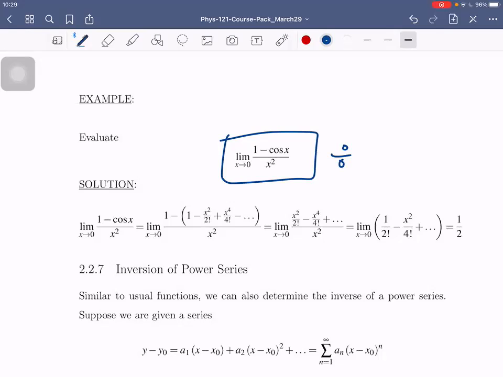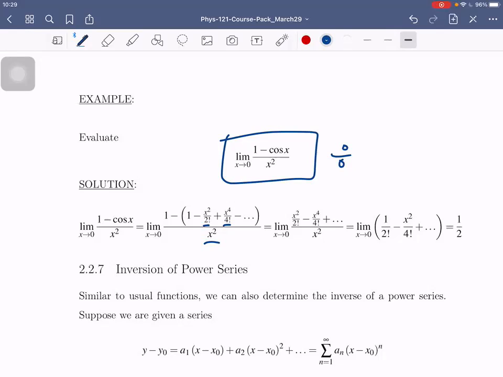So, pakita natin. In here, we can show na yung cosine x has the infinite series equivalent na ganito. We have 1 minus x squared over 2 factorial plus x to the 4th over 4 factorial minus, and so on. Okay? Dahil nasa baba ay x squared, we just divide everything by x squared.